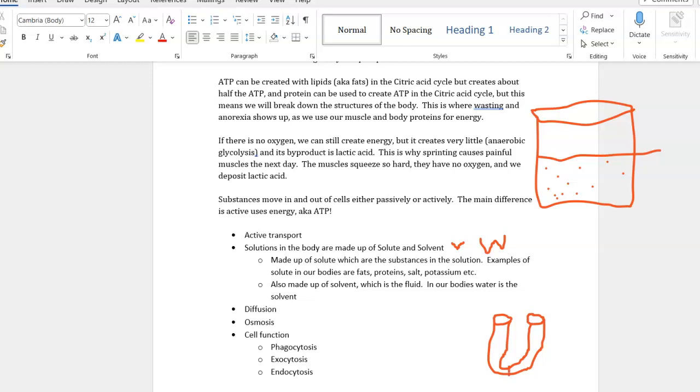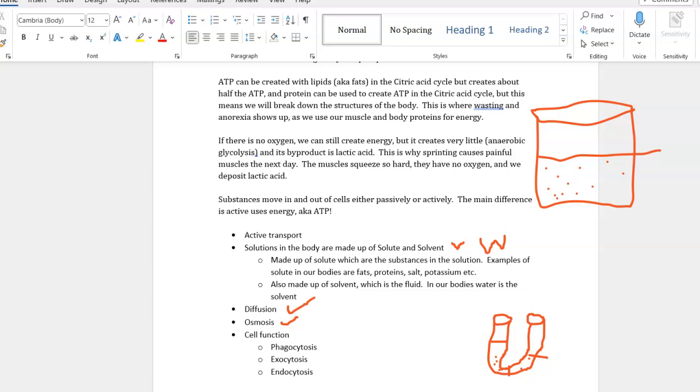And if you put a membrane in that's only permeable to water, and you have a ton more solute on one side than the other, let's just do 2 dots over here, the water will distribute evenly to balance the solution on both sides and actually go higher, even against gravity, on the side with more solute. Okay, so osmosis is the movement of the solvent or water. Diffusion is the distribution of that solute.